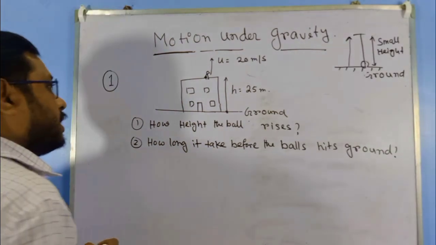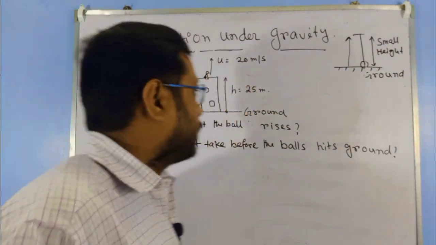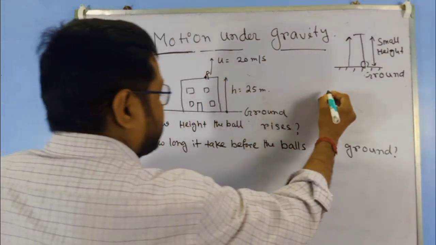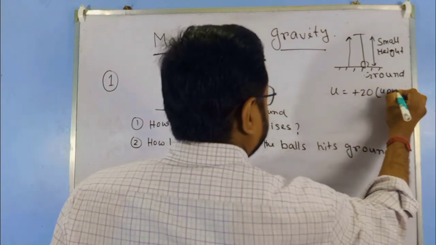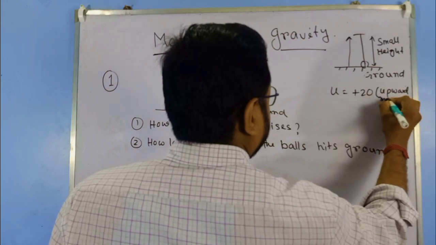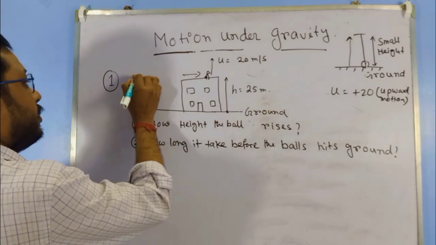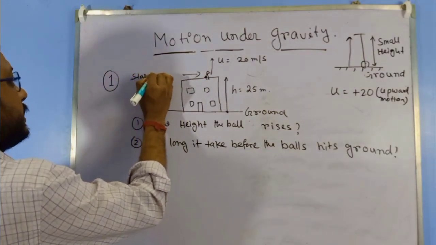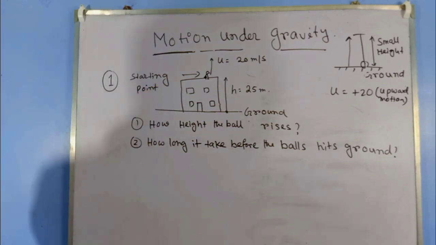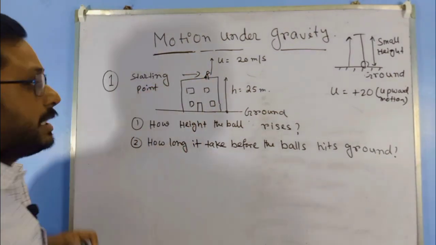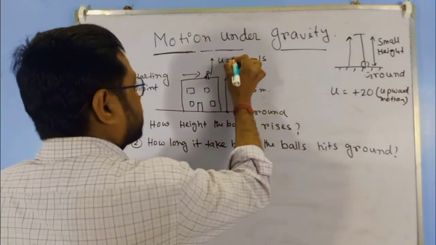So here the sign convention plays an important role. We always take u as positive for upward motion, and we only consider the starting point. Whatever the numerical, we always consider from the starting point. Suppose this is the starting point and u is taken vertically upwards, that is u is plus 20.